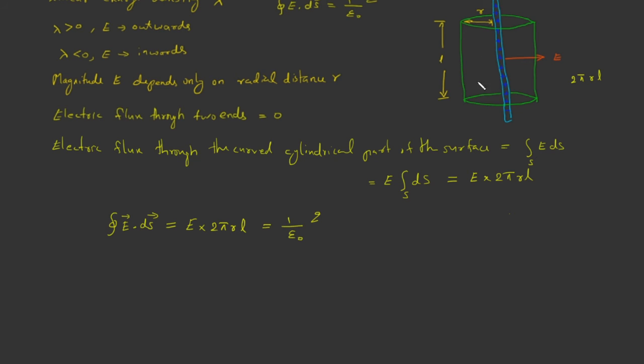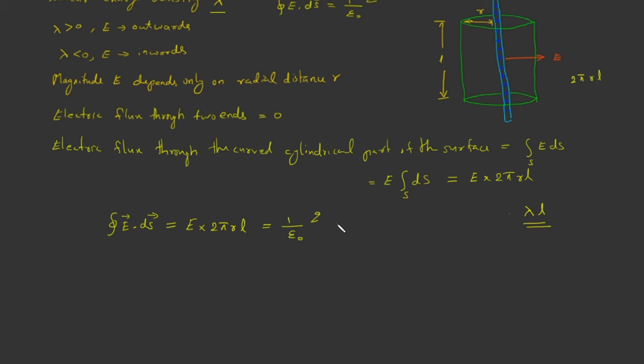We know the linear charge density of the wire is taken as lambda, and the length inside the Gaussian surface is L. Therefore, the charge of the straight wire inside the Gaussian surface is lambda into L.